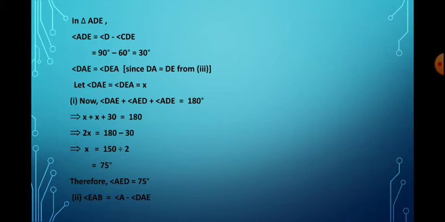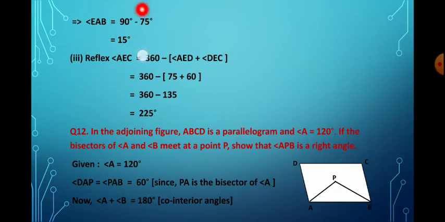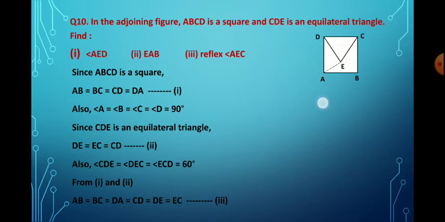Now, how to find angle EAB? Angle A minus angle DAE will give us angle EAB. So 90 degree minus 75 degree is 15 degree. How to find reflex angle AEC? If I see the figure, the reflex angle AEC plus angle AED plus angle DEC will make a complete angle, that is 360 degree.